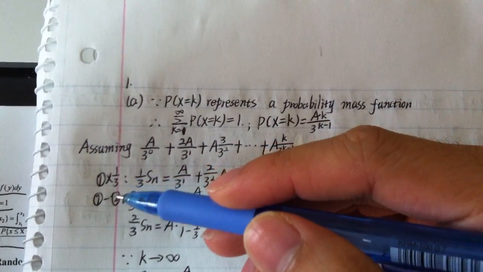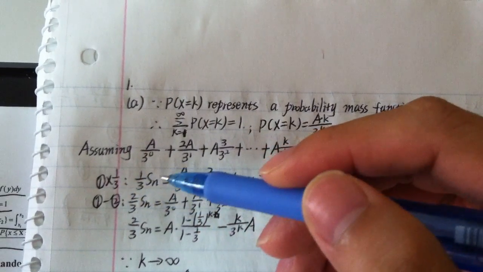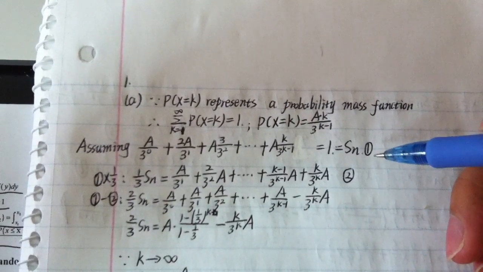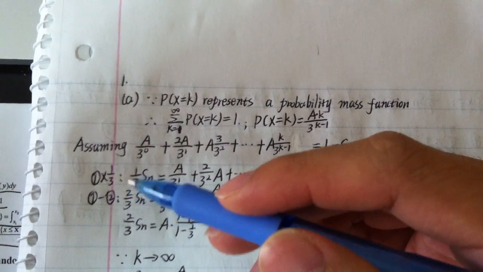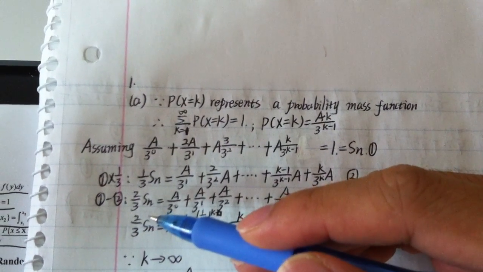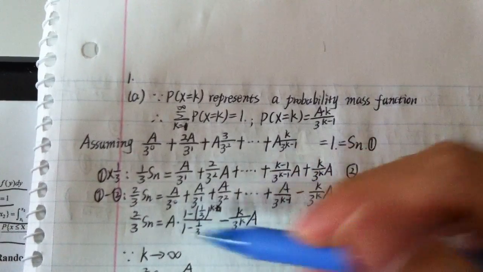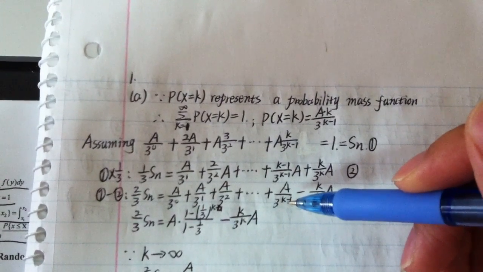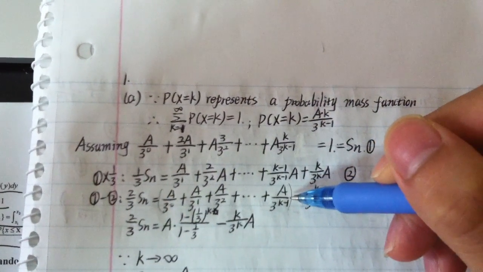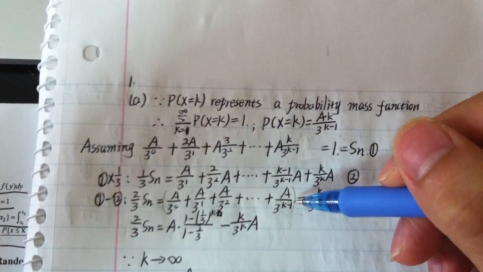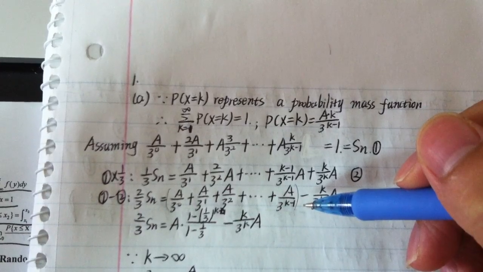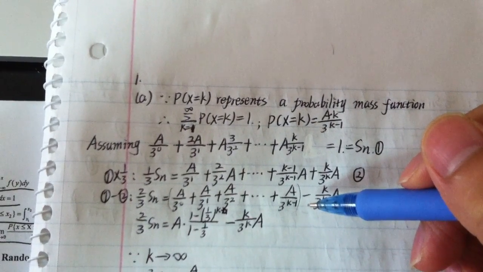We name this equation 1, and equation 1 times 1/3 gives equation 2. Equation 1 minus equation 2 gives this equation, and from this equation we find that this one is a geometric series, so we can use the sum of the geometric series.